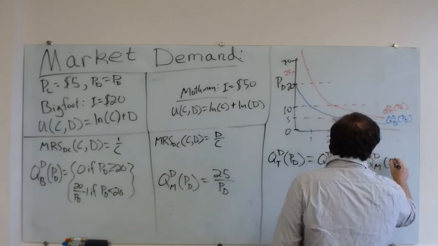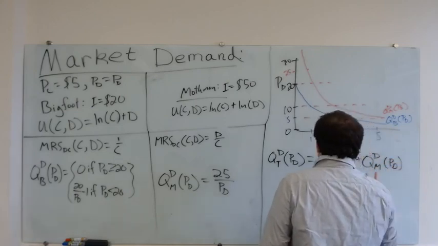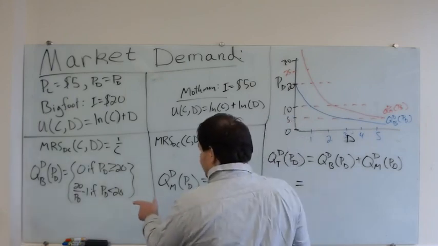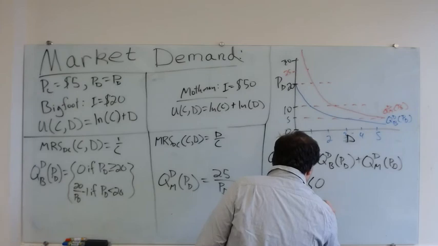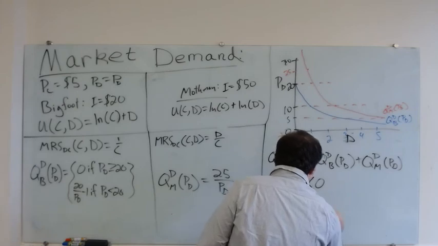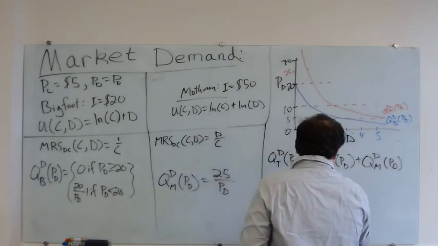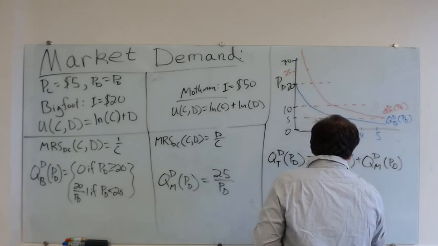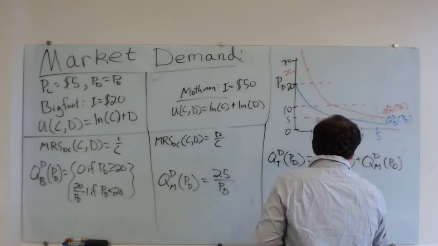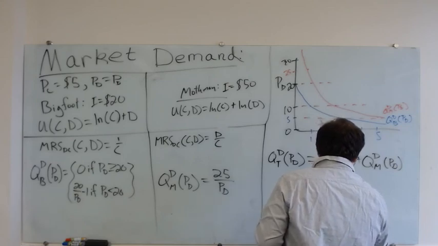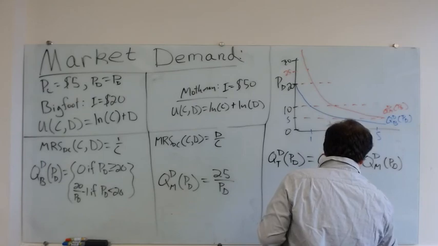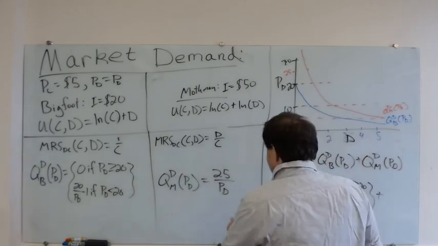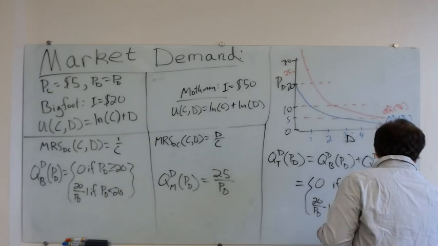So it's just going to be this piecewise function, plus this ordinary function. Cool.